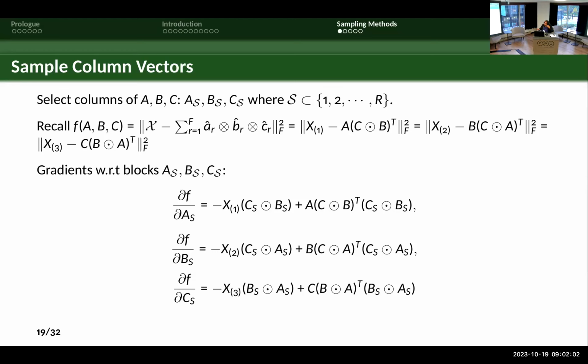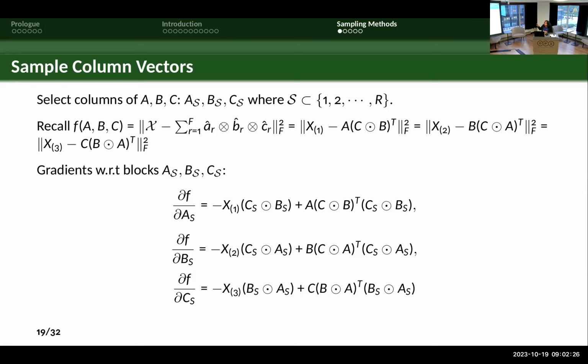So what I'm going to do instead, okay, we have the objective function for ALS, or the CP decomposition. And you have 3 equivalent ones depending on how you matricize the tensor.